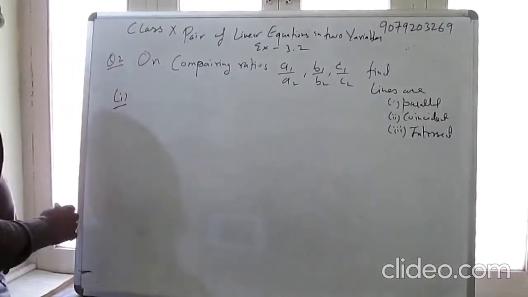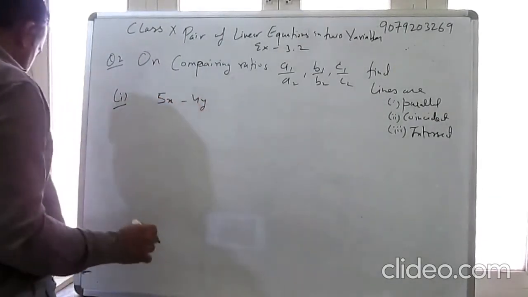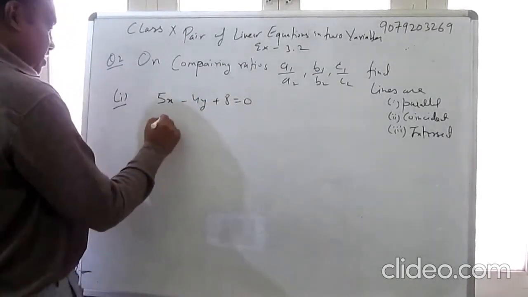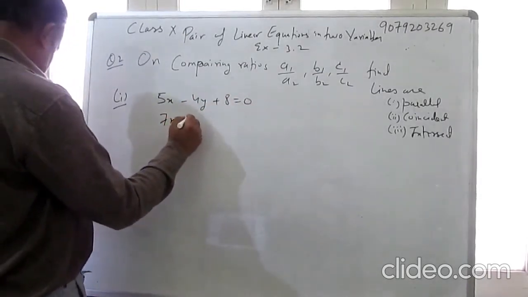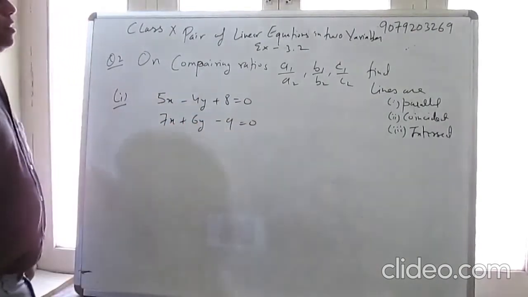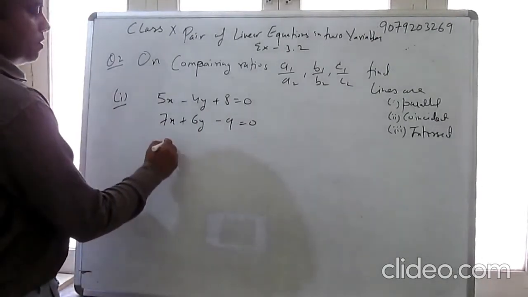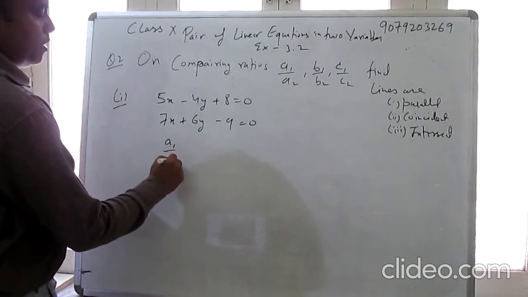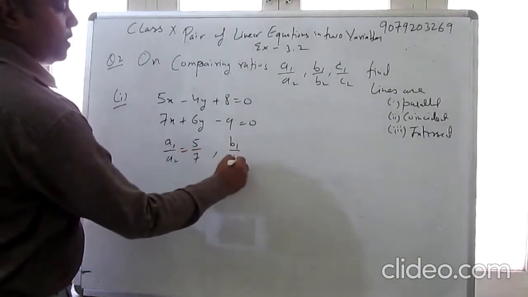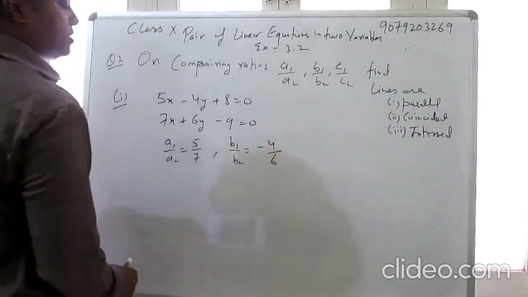First part, 5x minus 4y plus 8 is equal to 0, 7x plus 6y minus 9 is equal to 0. Now you check, what is A1 upon A2? A1 upon A2 is equal to 5 upon 7, B1 upon B2 is equal to minus 4 upon 6.